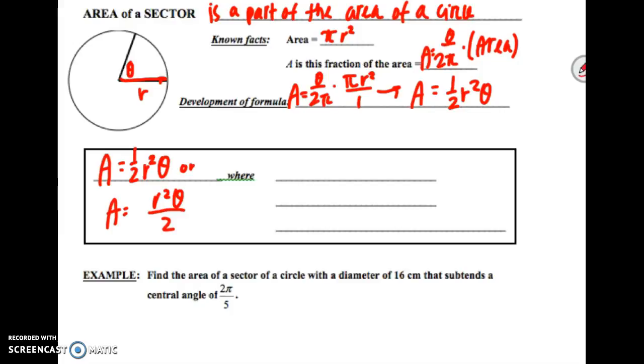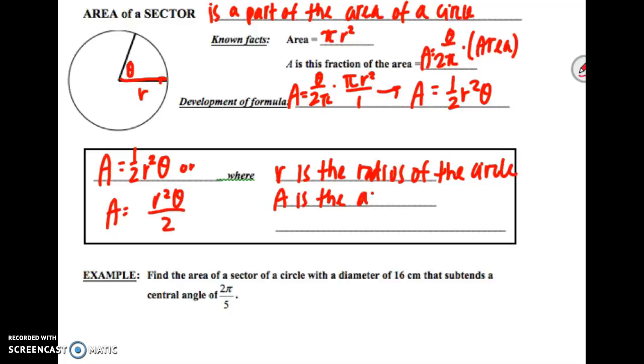They're both equivalent. And again, r is the radius of the circle, A is the area of the sector, and theta is the central angle.